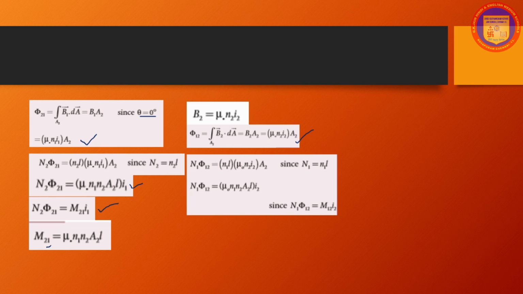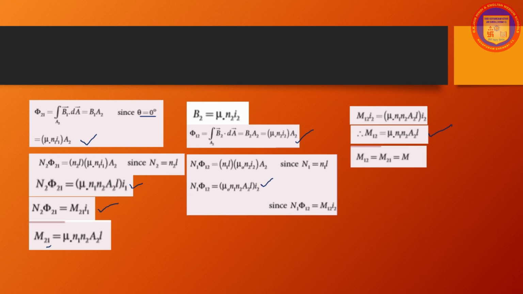So N1 phi 12 is equal to mu naught N1 N2 A2 L into I2. So we get M12 is equal to mu naught N1 N2 A2 L.